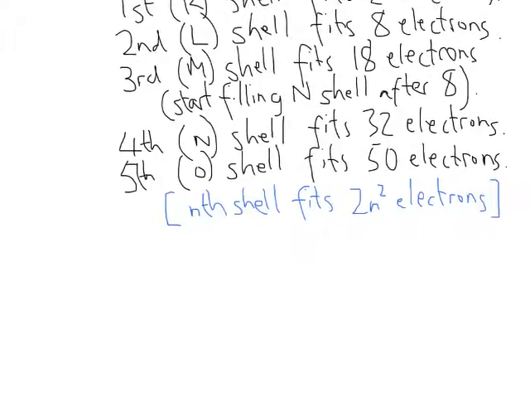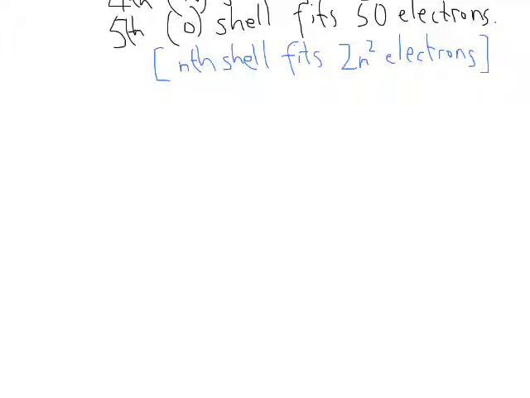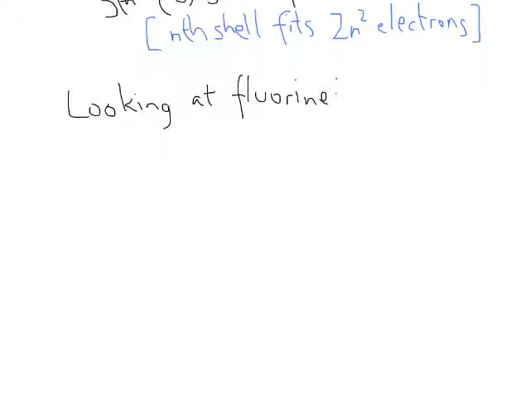So all we really need to now do is to look at fluorine, which was the example that you saw at the end of the grade 9 video. We're not going to draw it randomly. There'll be some method to the madness.